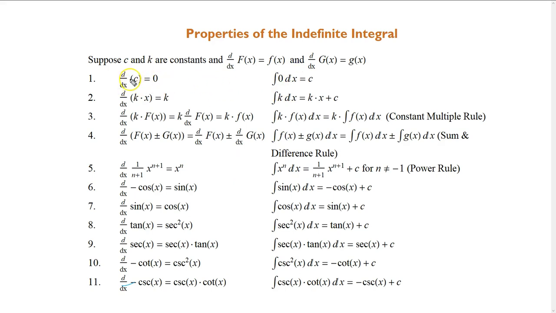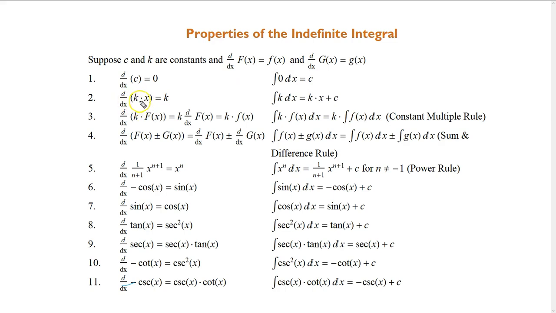Now let's note that if you take the derivative of any constant, you get back 0. Remember that rule? And so what we have then is the indefinite integral of the 0 function is just any arbitrary constant function. And that's because if we take the derivative of this, we get back 0.